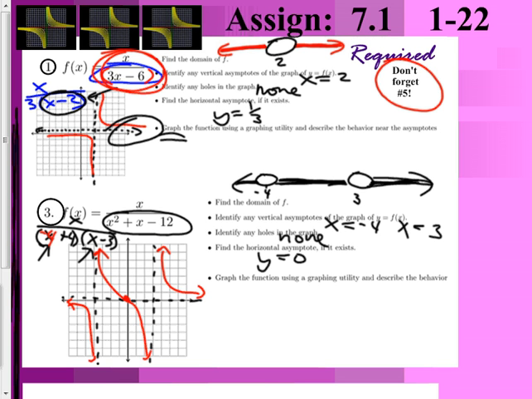Yes? Oh, I see what you're saying. You're thinking that it would go like this. Like this? All right. Tell me why you think that. Well, mine goes through the center.